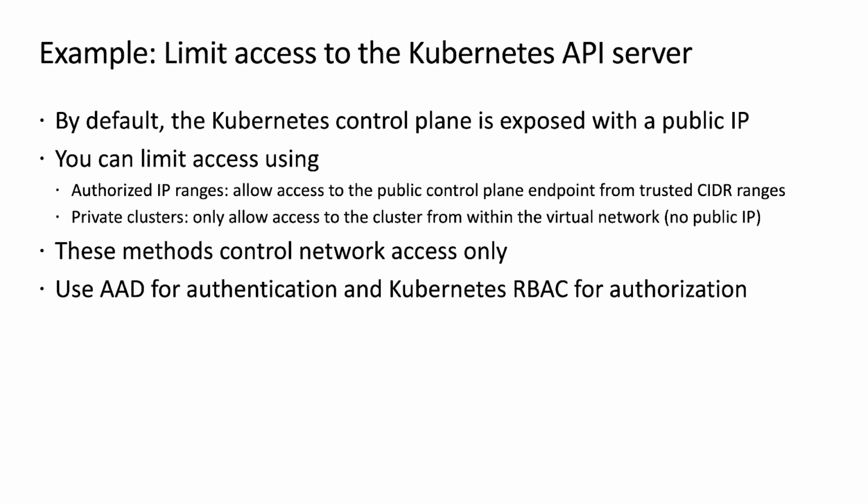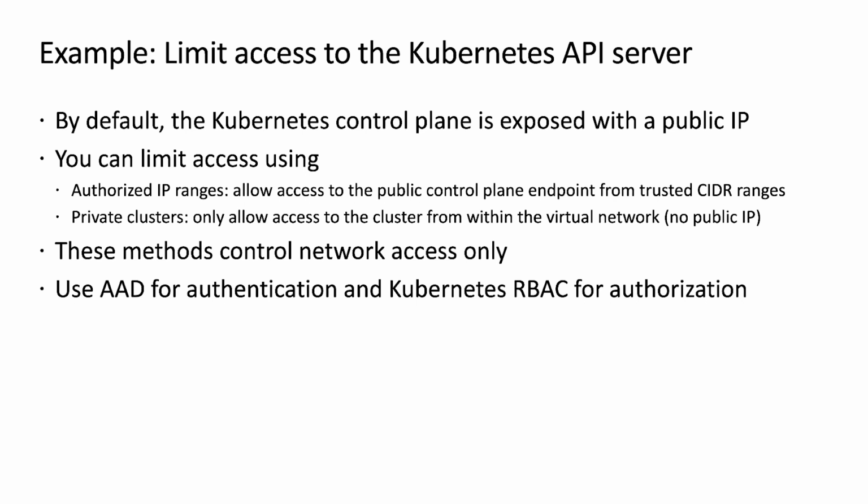Now, obviously, you need to authenticate to that cluster based on the credentials that you acquire from the service, but from a networking perspective, it is still exposed as a public endpoint. And so typically you'll want to lock down network access to that endpoint. You can do that in one of two ways within AKS.